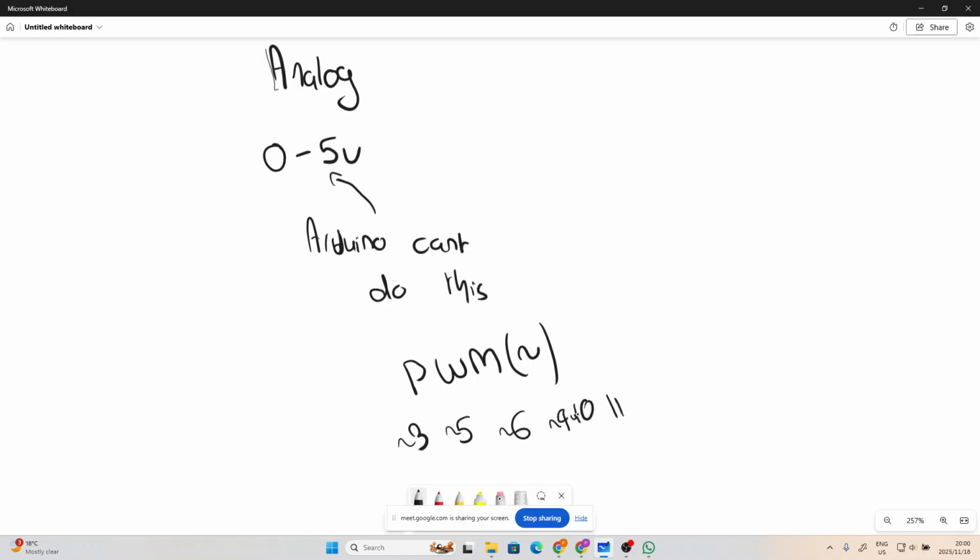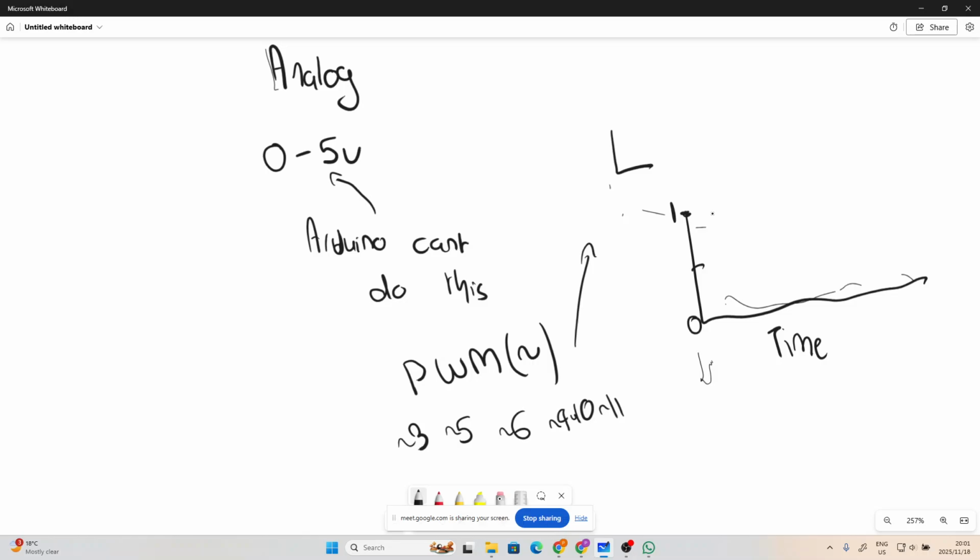Now, not going too in depth on PWM, let's say we have a graph here. Let me just fix my pen quickly. Let's say this is 0, and when it's on this side, it's 1. And this is time.